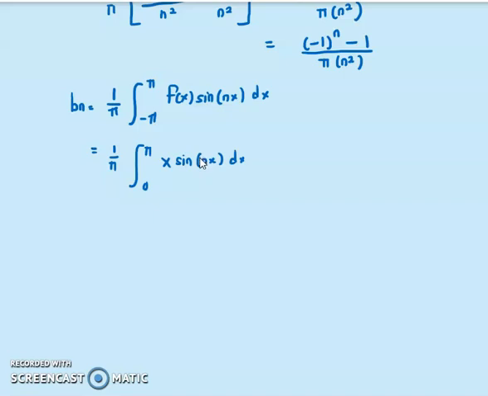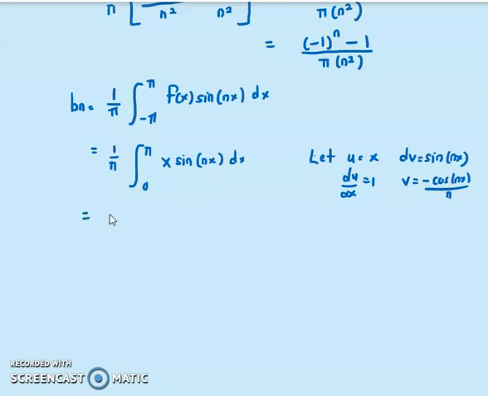Okay, so now we got to integrate this by parts. So let u equal x, dv equal sine nx. So du/dx is 1, v is negative cos nx over n.